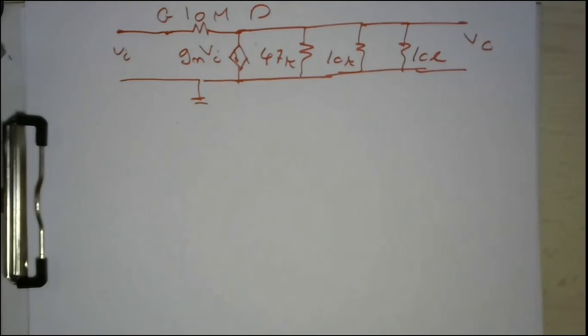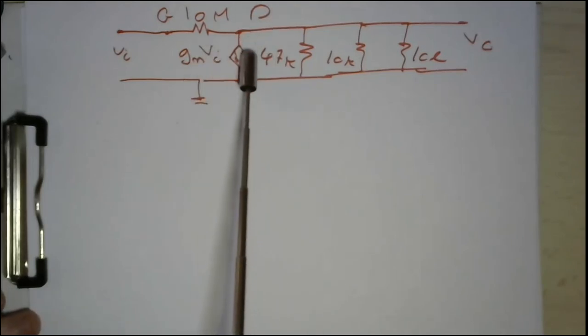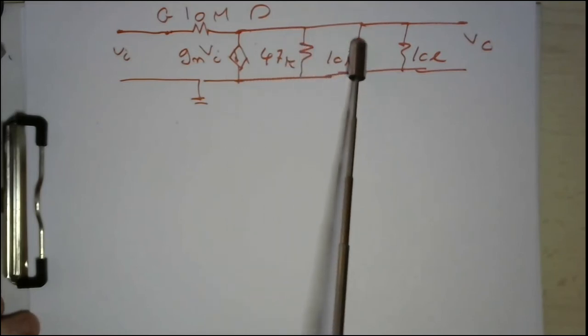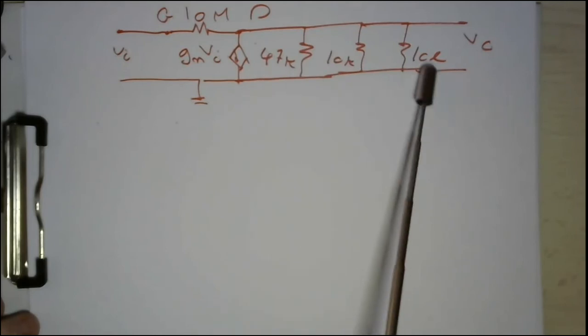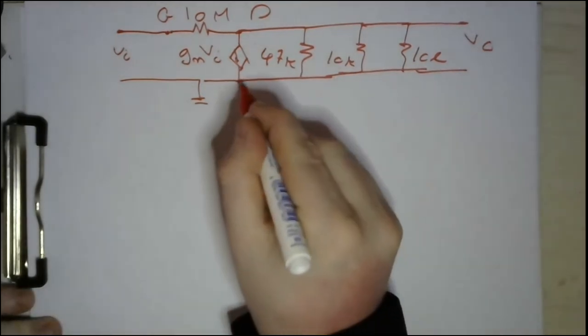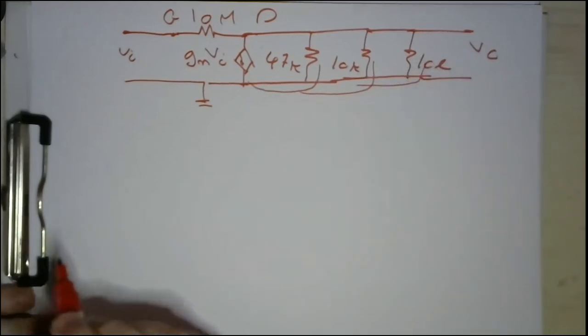If you recognize here, we have a current source. This current source will conduct a current that is going to flow in 3 resistors, as you can see. So now this current is going to flow here, here, and here.